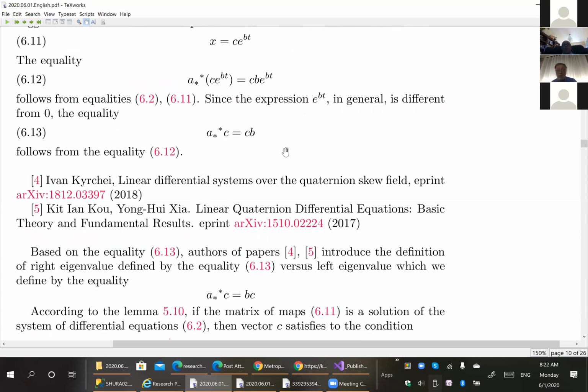For this reason, this type of solution they call left and right eigenvalue. I don't consider it, because the left eigenvalue is not good to choose for our solution.